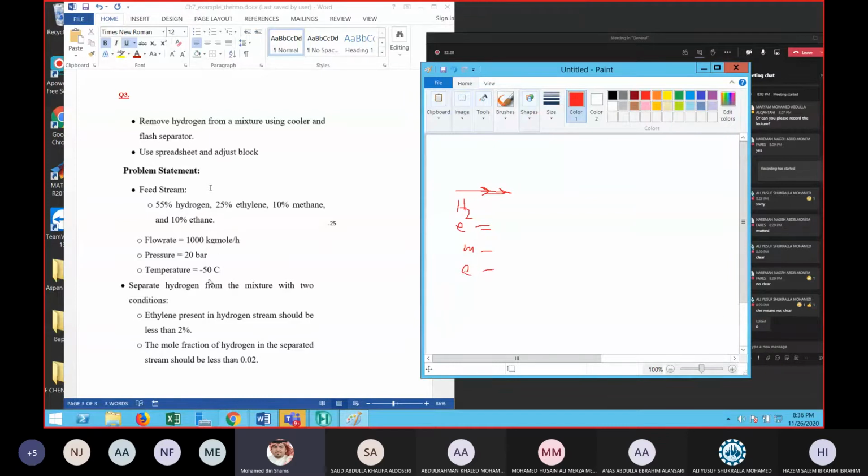Under this condition they should be in the vapor phase, at very low temperature and very high pressure.